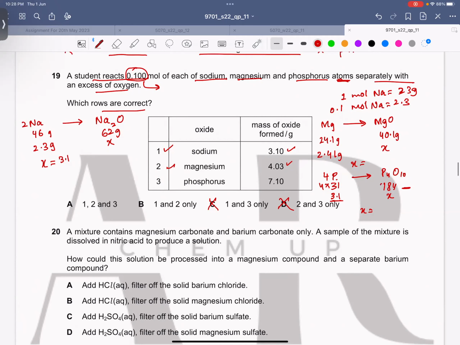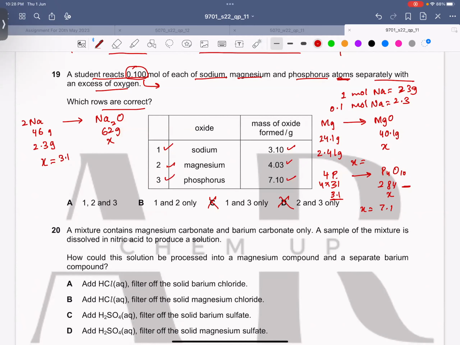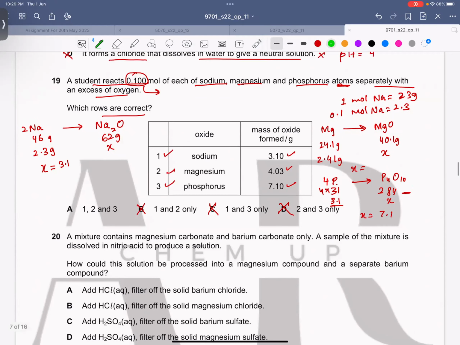So 284 times 3.1 divided by 124. Now you will solve it. Okay, Sad, I got you. I didn't understand what you were saying. So we are getting 7.1. So the third statement is also correct, which makes B wrong. So A is my correct answer.